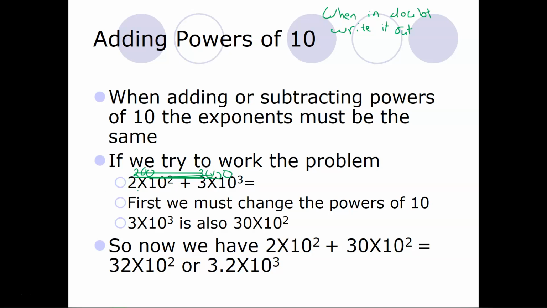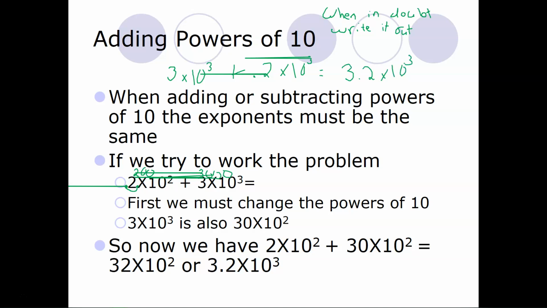That would work. Another way I could solve this is moving my decimal point from behind this 2 to just in front of it. So I would end up with a problem of 3 times 10 to the third plus 0.2 times 10 to the third. Because either way, I would end up with 3.2 times 10 to the third.